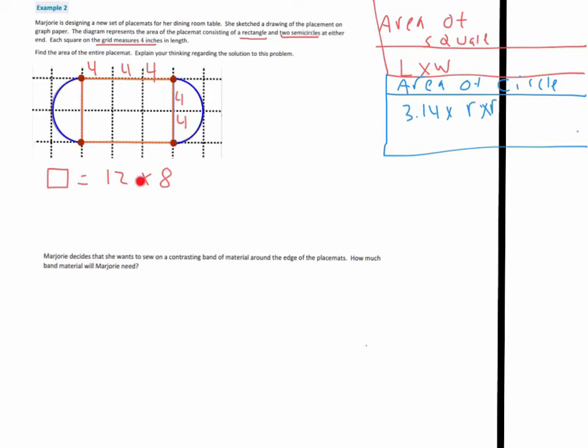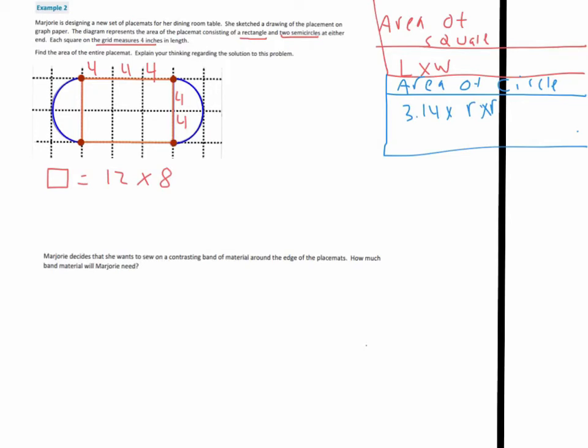So 12 times 8 will give me the area of the rectangle in this problem. So 12 times 8 is, I believe, 72, but I'll check myself. 96. Good thing I checked it. 96 inches squared. So now I know I know this whole part is 96.